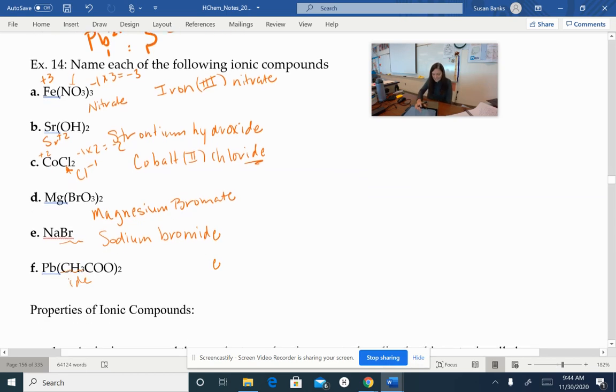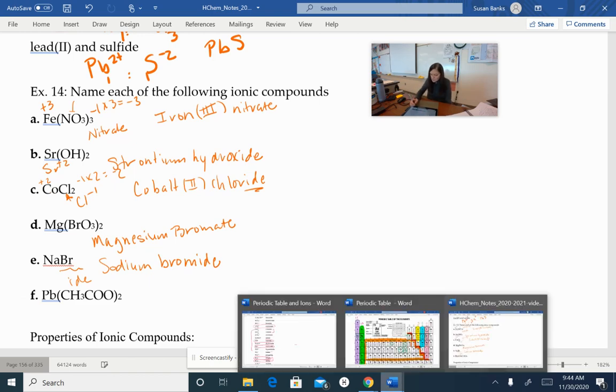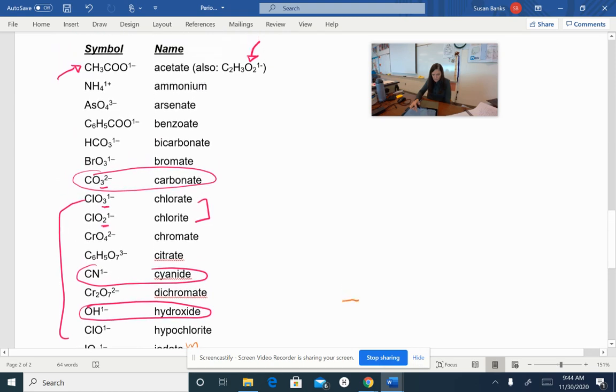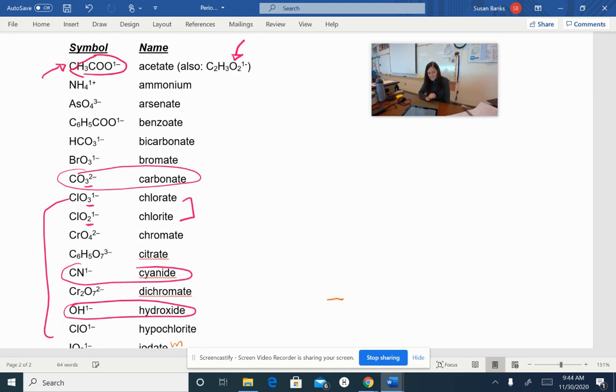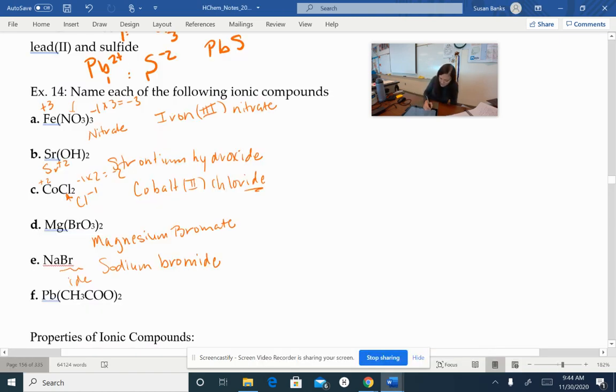Okay, lead. Lead is not a polyatomic. So we've got to figure out what this lead is bound to. It's bound to CH3COO. Let's find CH3COO. It's right up here. It's acetate, and it's a -1.